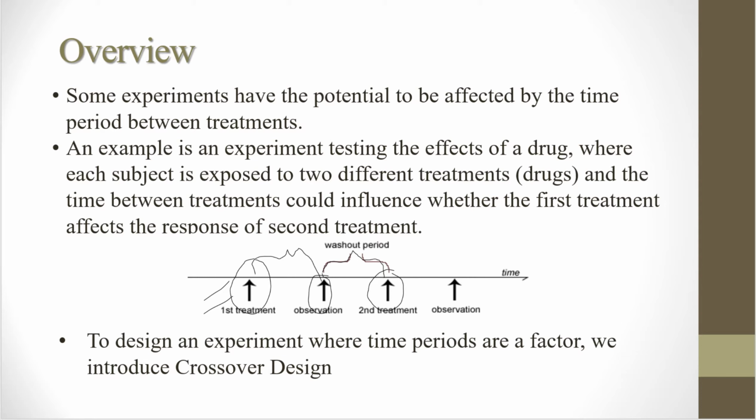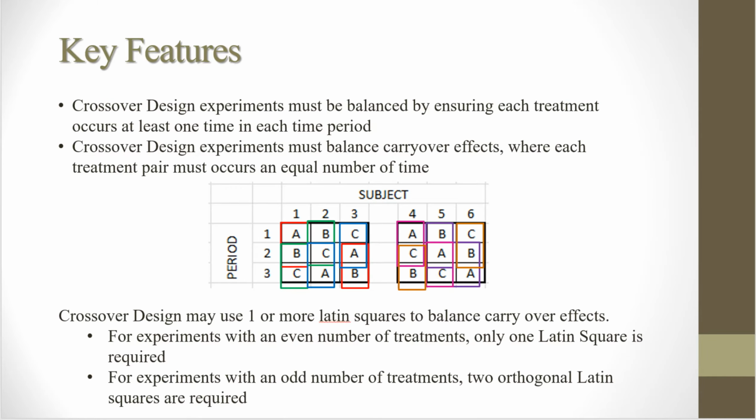So after that washout period, you administer your second treatment, and then again wait a period of time, record your observation, allow another washout period, administer your third treatment, and so on and so forth. And so to design an experiment where time periods are a factor, we introduce the crossover design.